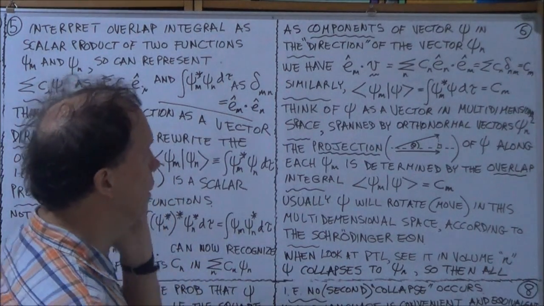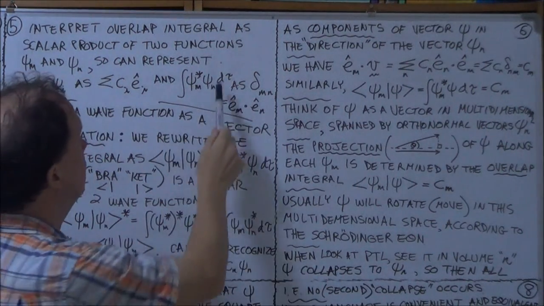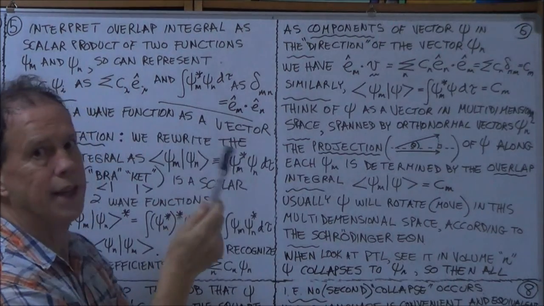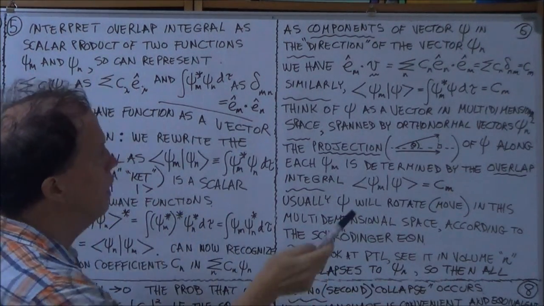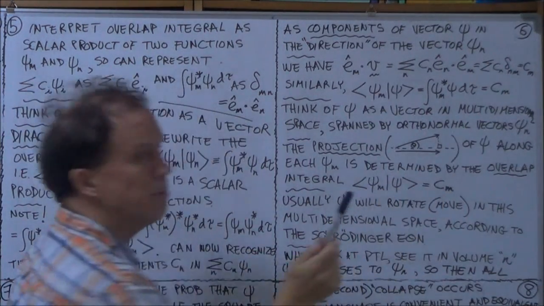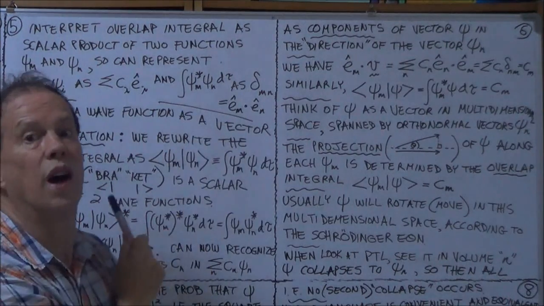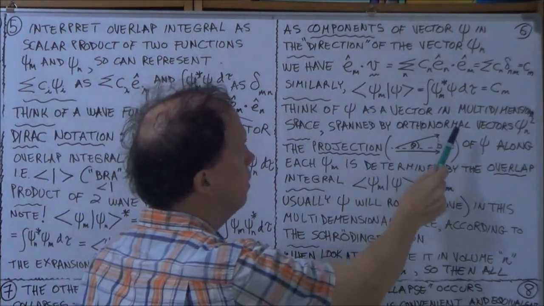No, that's not quite true. Orthogonal is when m and n are different, this integral is 0. And when m and n are the same, it is non-zero. Now, normalized means that when m and n are the same, this integral is 1.